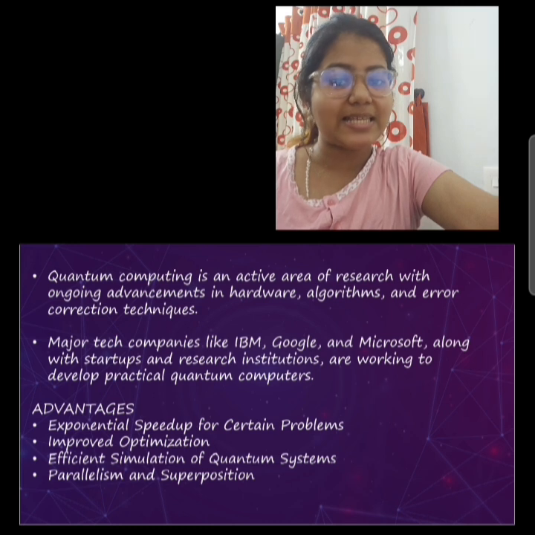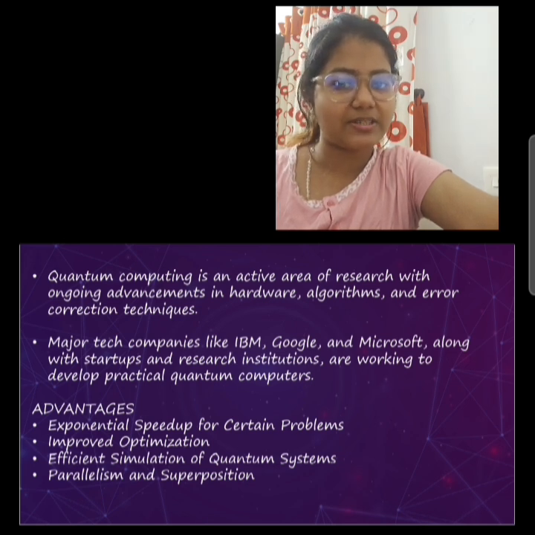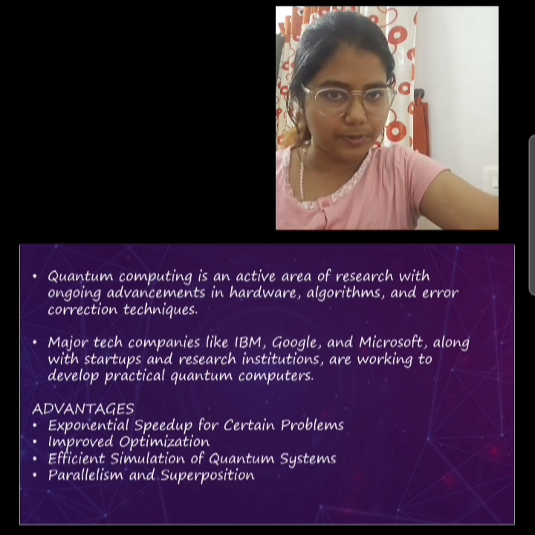Quantum computing is an active area of research with ongoing advancements in hardware, algorithms, and error correction techniques. Major tech companies like IBM, Google, and Microsoft, along with startups and research institutions, are working to develop practical quantum computers.